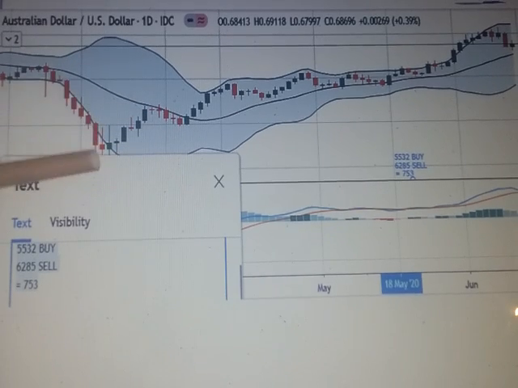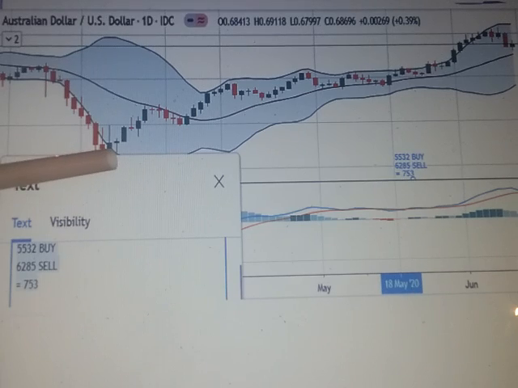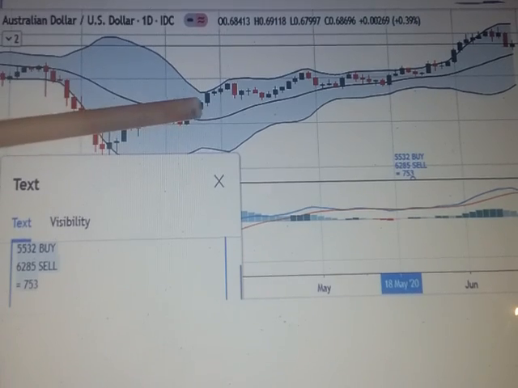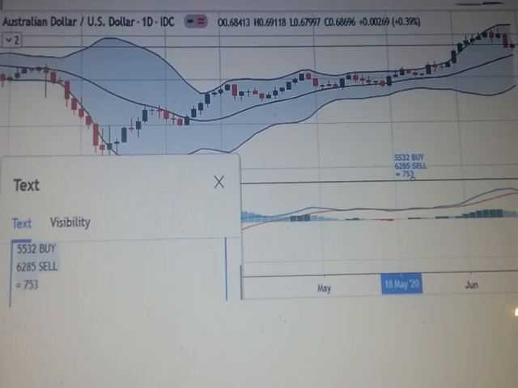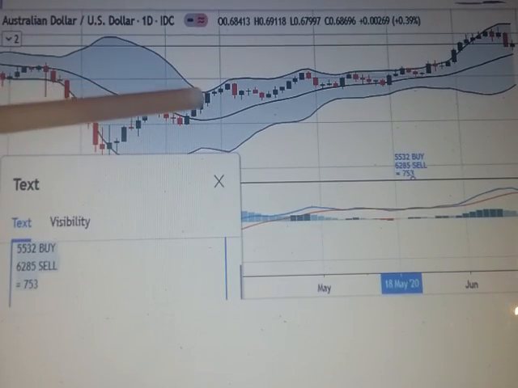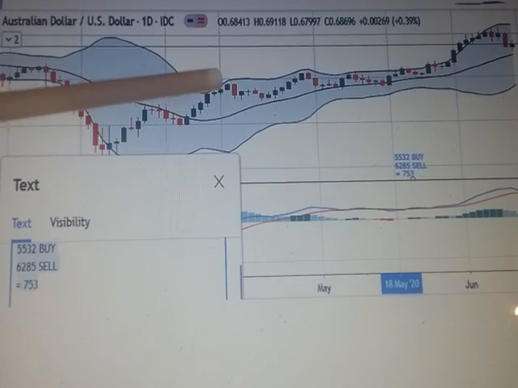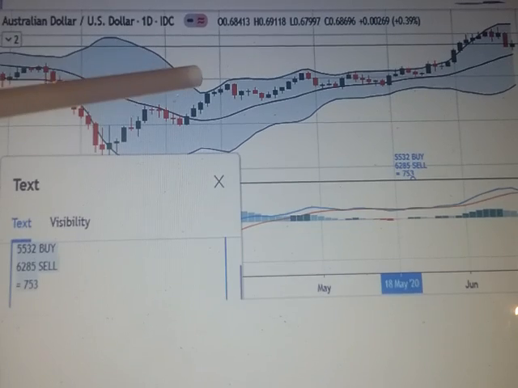So you have here, if you put in a buy right when the candle turns green, you put in a buy and you follow right till the candle touches the band. Okay, so you're in a buy. The next thing you want to do is wait for the step away.